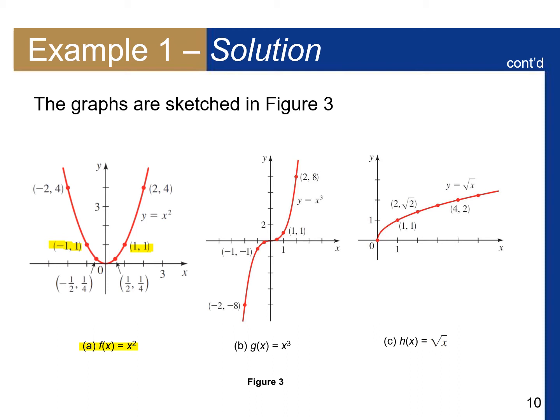This is a cubic function, and they call this the parent function of the cubic functions. It doesn't matter whether it's g of x, f of x, h of x, or y. That part's not important. The important part is that when you see a graph that looks like this, you recognize it's a cubic graph.